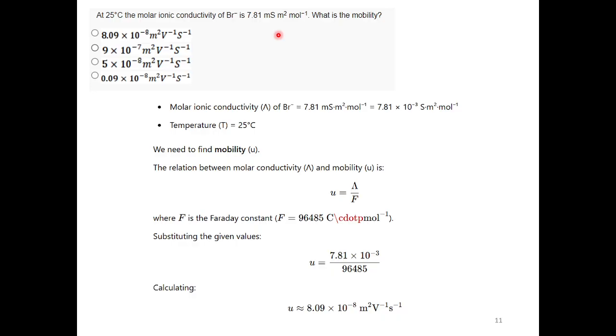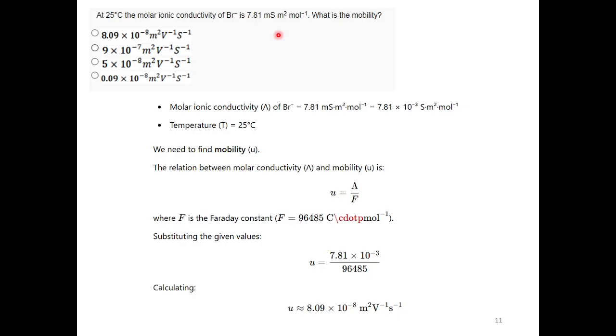So here the mobility is 8.08 into 10 to the minus 8 meter square per volt per second, and mobility equals lambda by F. So F is 96,485 coulomb per mole.